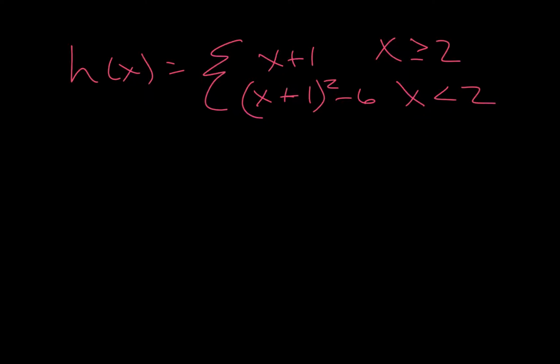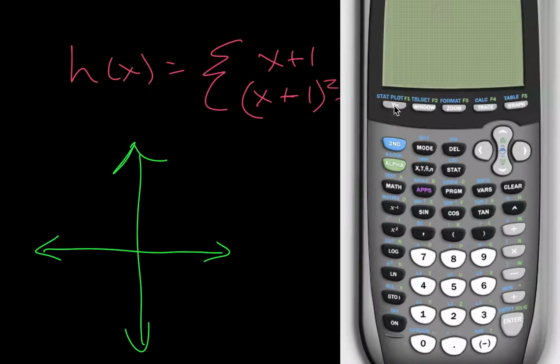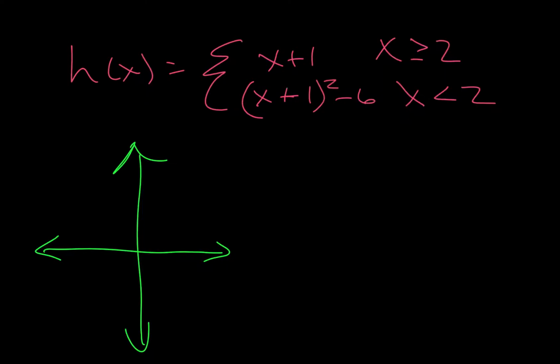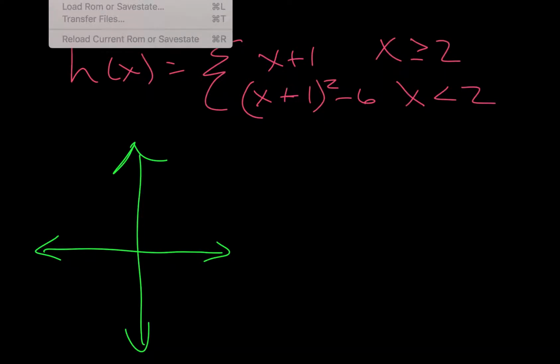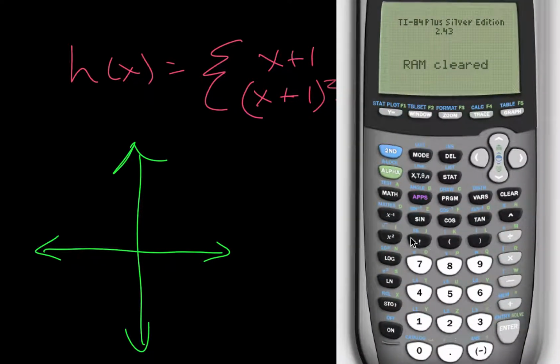Alright, now we could graph both of these by hand, but just to get the calculator into it, the calculator froze, so let's reboot that. Okay, so let's pretend like you didn't know how to do this by hand.